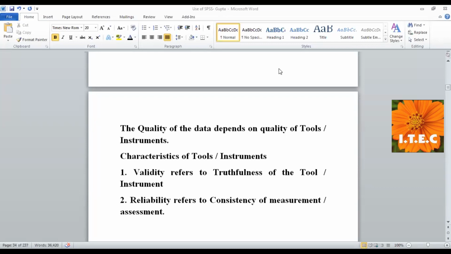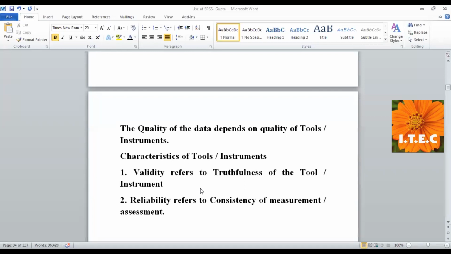So when they are saying 19 minutes past 8, that means their time is not correct. Although every time your watch gives the same time, so your watch may be reliable, but it is not valid because it does not tell you the exact time. It always gives you the time which is ahead of the actual time.